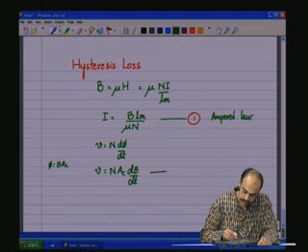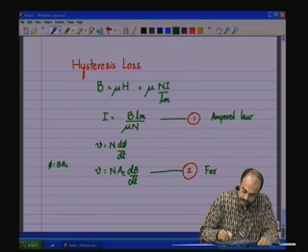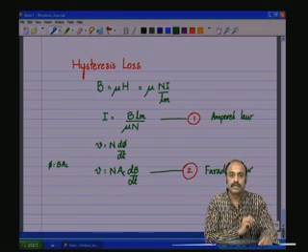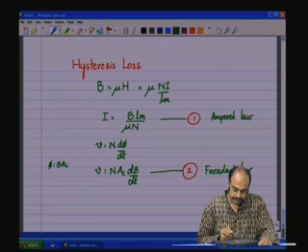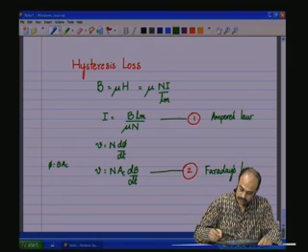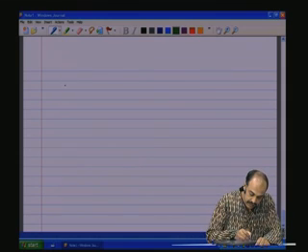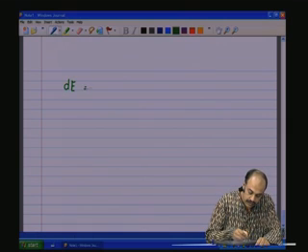This is the other equation which comes from Faraday's law. Now, the instantaneous energy delta E is voltage into current into time delta t.